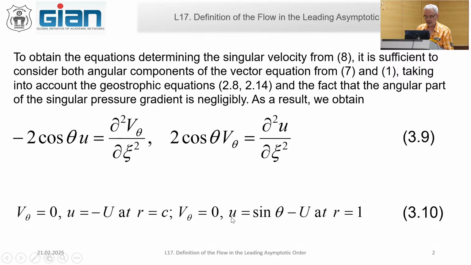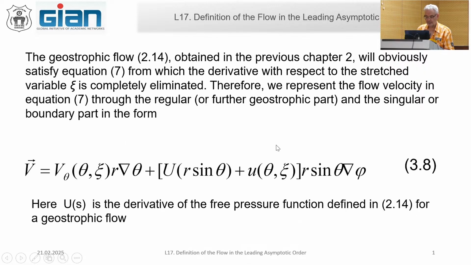We can understand this boundary condition by just rearranging capital U to this side. Then we have the sum of small u and capital U, and it is exactly what we assumed in the initial flow. You see that here there is a small u and a capital U.